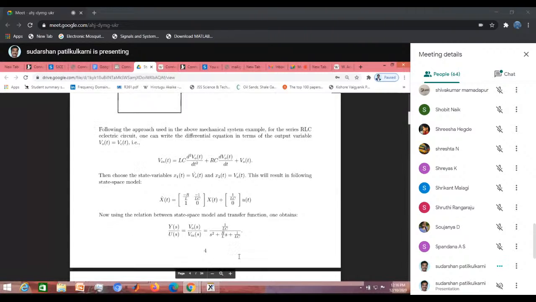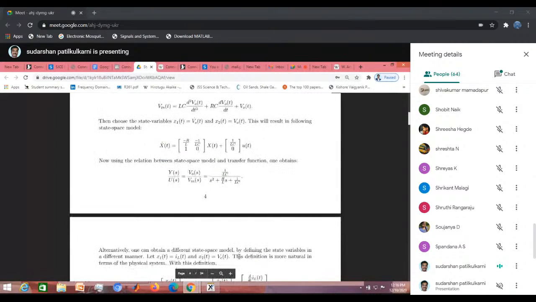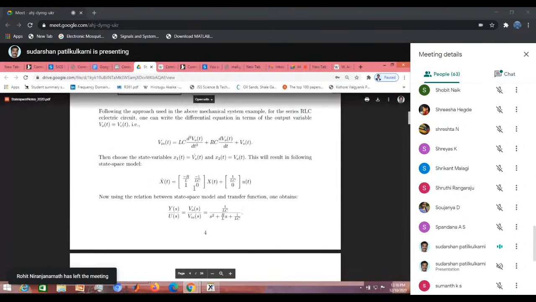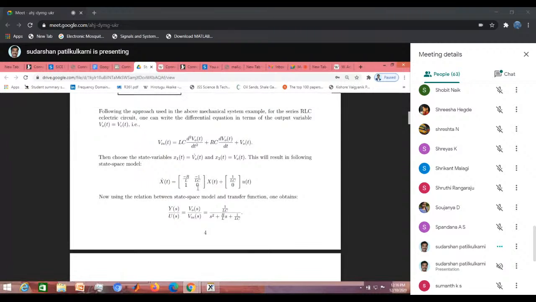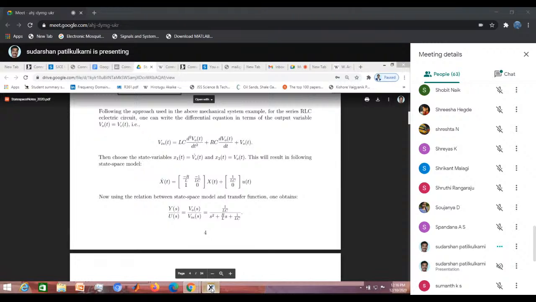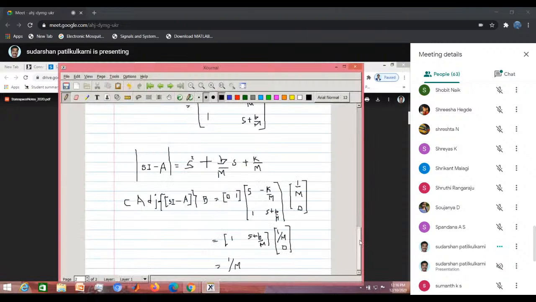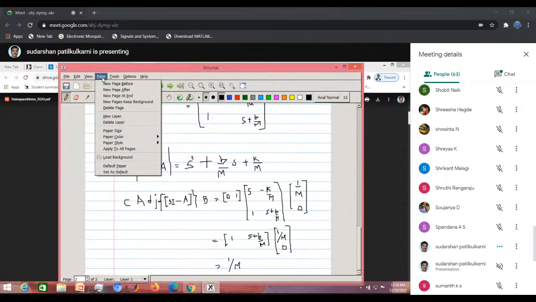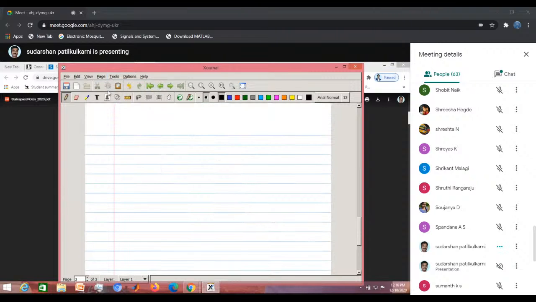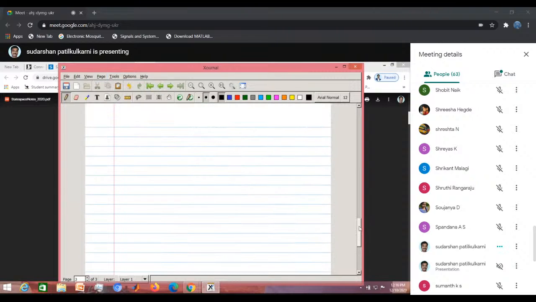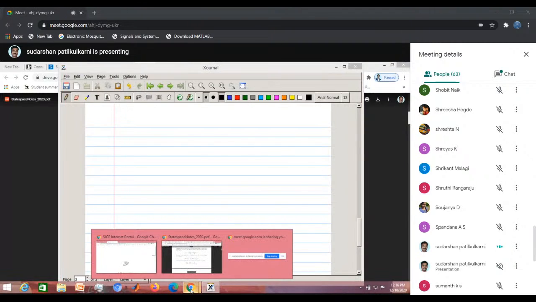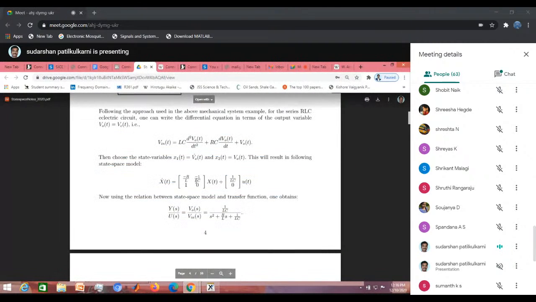So we get this again by this method. If A is minus R by L, minus 1 by LC, 1, 0, okay, I will not do it, I will just explain.